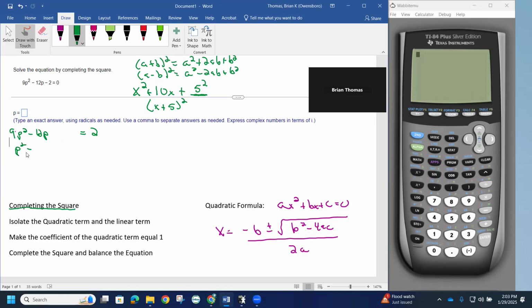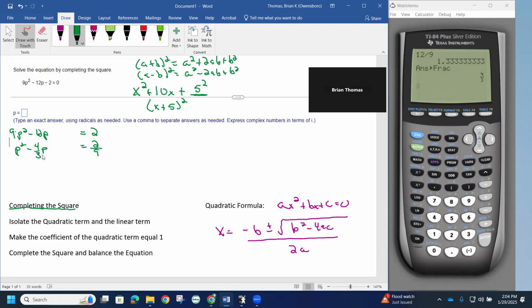We also have to divide 12 by 9. 12 divided by 9 gives us a fraction, 4/3. So that's minus 4/3 p. And then 2 divided by 9 is 2/9.